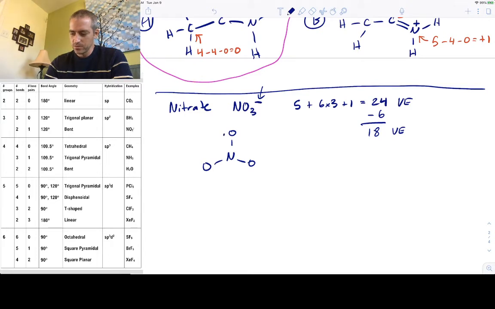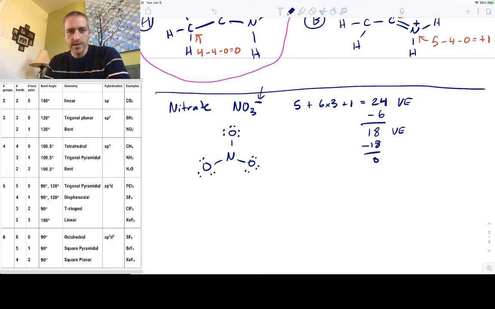So we're going to go 2, 4, 6, 8, 10, 12, 14, 16, 18. We've filled all the oxygens, we've used all 18, we're left with none to put on the central atom, so we're done with all of our electrons.